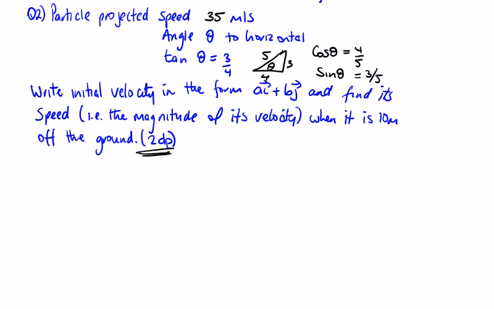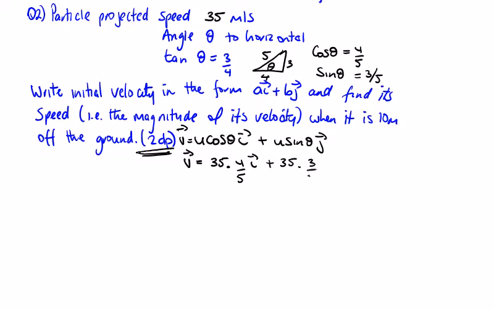So if we look at the initial velocity first, u cos theta times i plus u sine theta times j, we're going to get the initial velocity to be 35 by 4 over 5 times i plus 35 times 3 over 5 times j. So the initial velocity is 7 4's, which is 28, and 7 3's, which is 21.